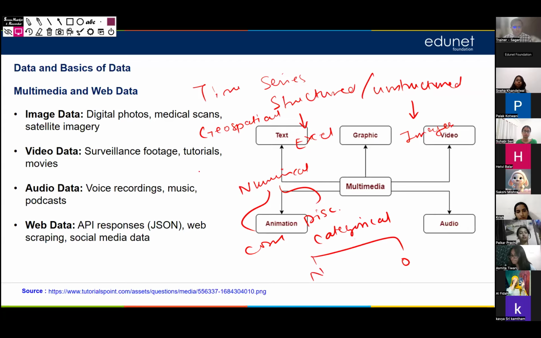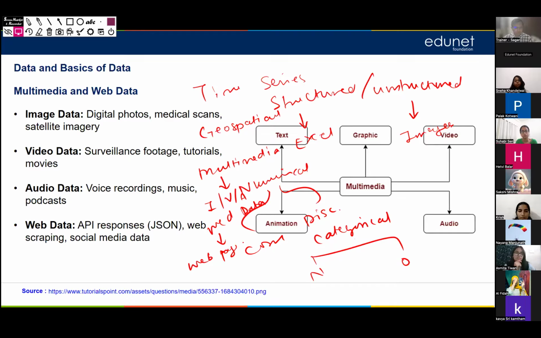And finally, we had multimedia and web data, wherein multimedia we can majorly classify as image, video, and audio, and web data are your web pages or how your web pages are shown. Clear? Perfect. Great.